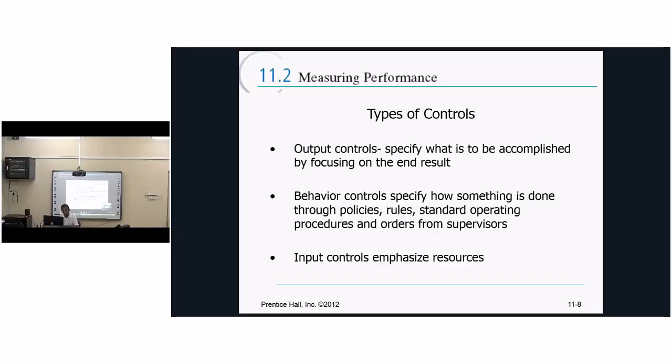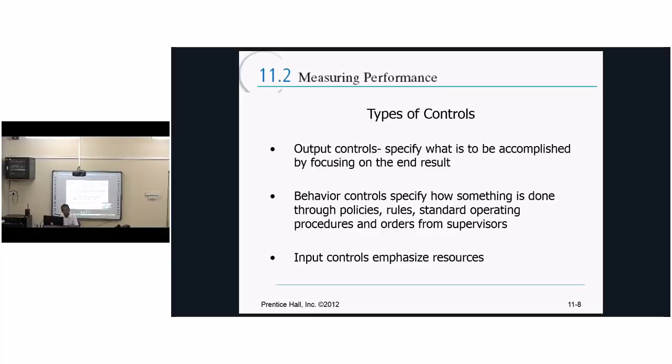You measure the output, and you compare the output against the actual and tell whether it is good or bad. You measure, let's say, the weight of the child. It's an output control. You measure the weight and you compare against the actual. That is one way.